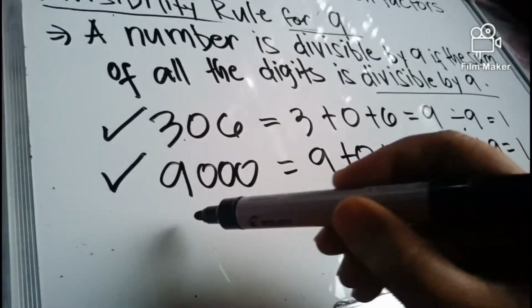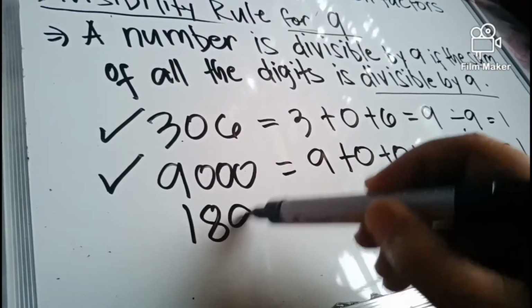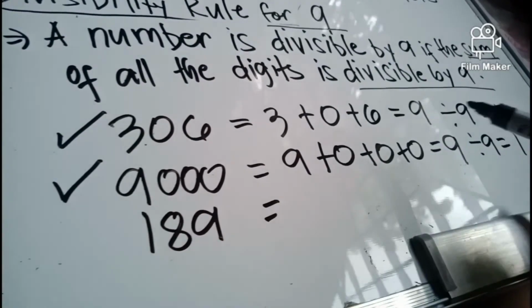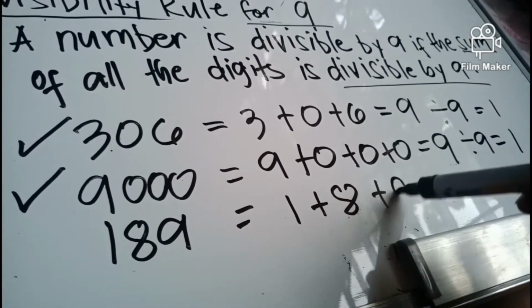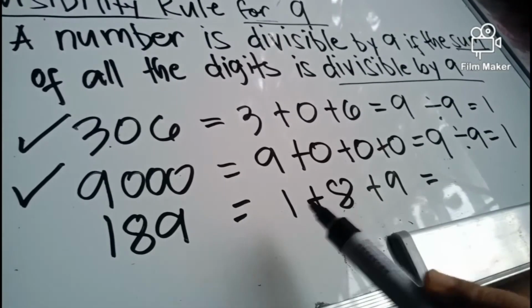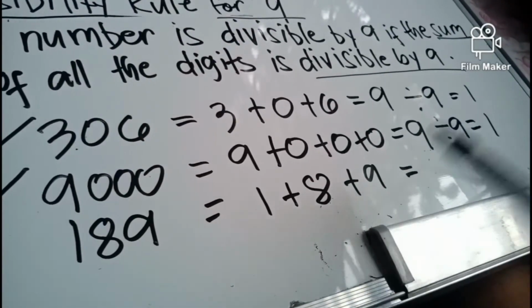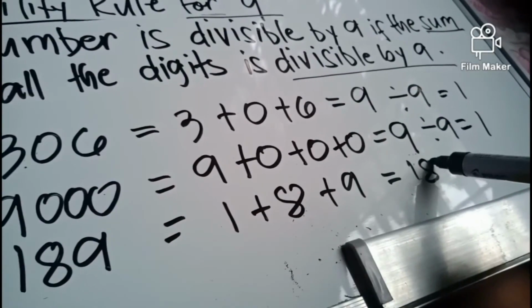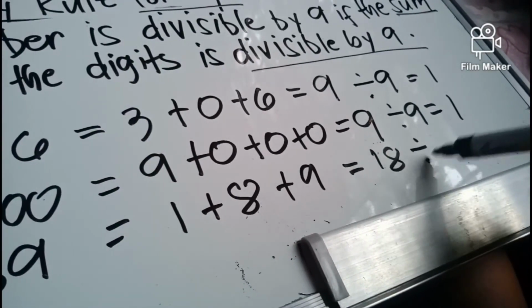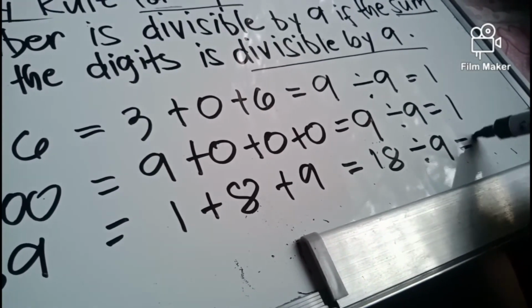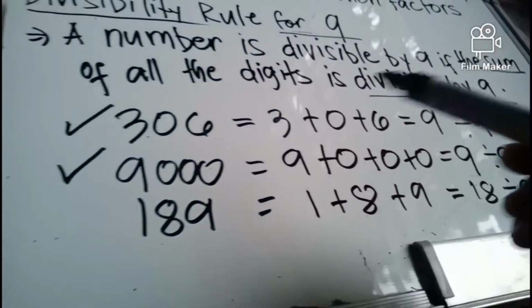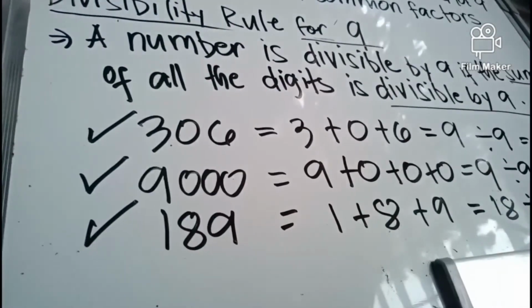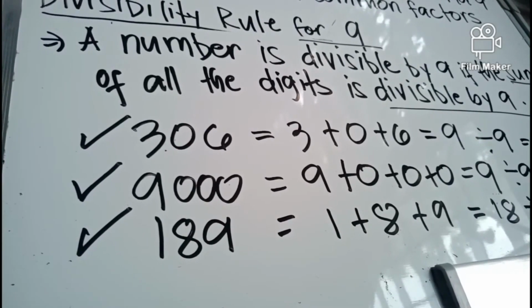Another is 189. So, add natin yung digits. 1 plus 8 plus 9 equals, so ito, 1 plus 8 is 9, plus 9 is 18. 18 divided by 9 equals 2. Walang remainder. Therefore, 189 is divisible by 9.